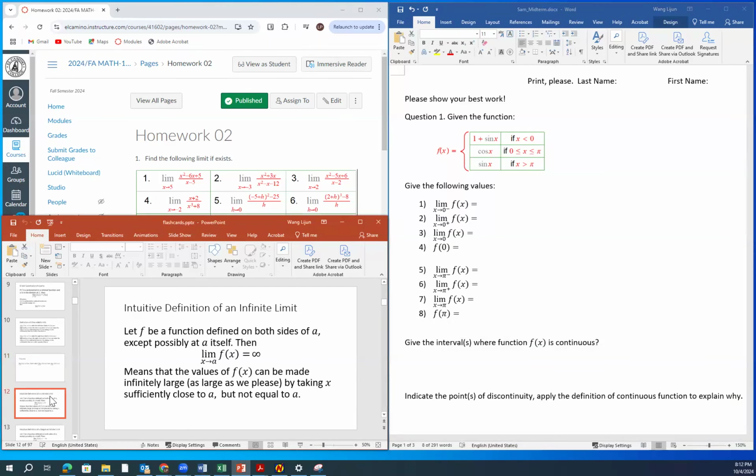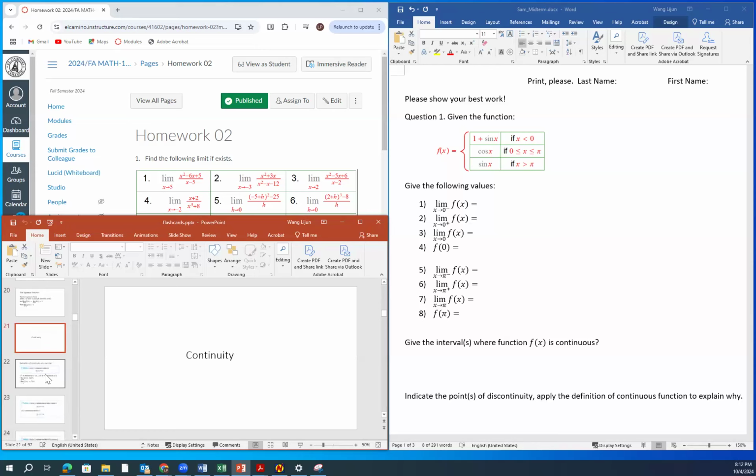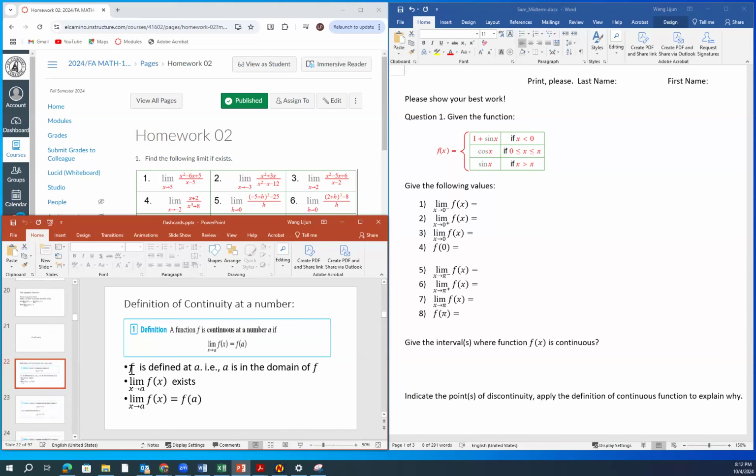So let's fast forward to continuity. Continuous functions, right? So let's move on to continuity. Of course, we have 3 elements in continuity, right? So you're going to have a question similar to this. It may not be exactly the same, but on top of knowing the one-sided limit and that theorem for a limit to exist, you will also need to answer the question about the continuity of this function.